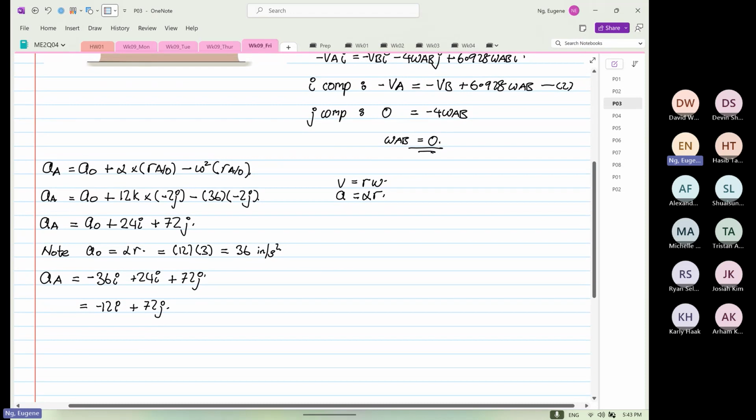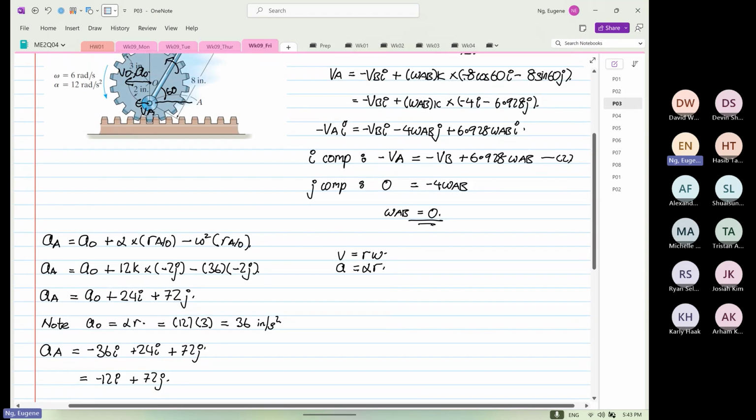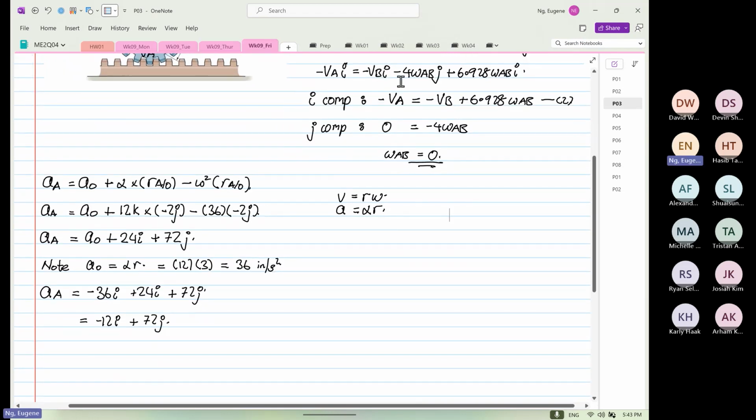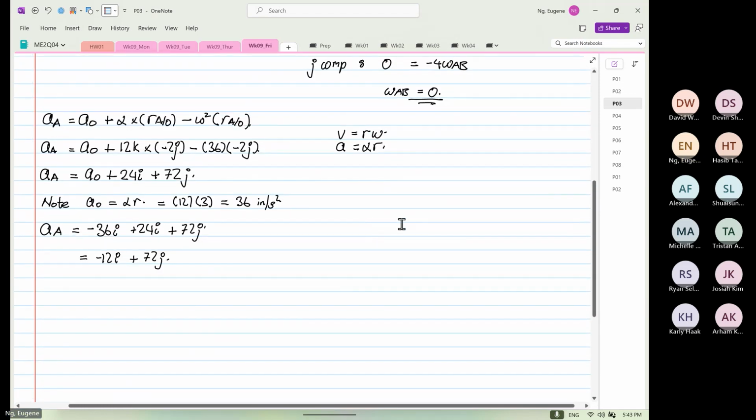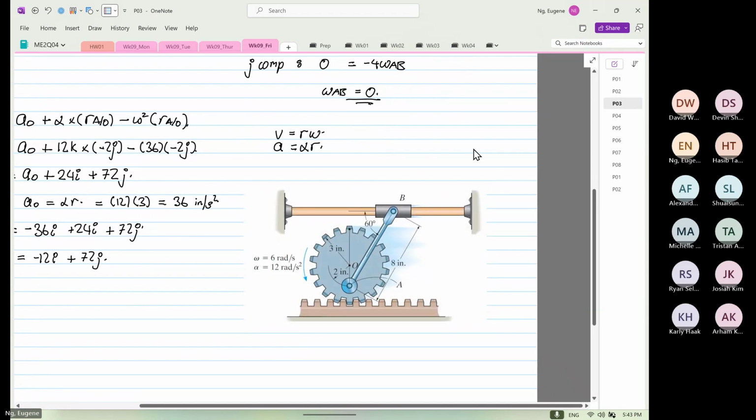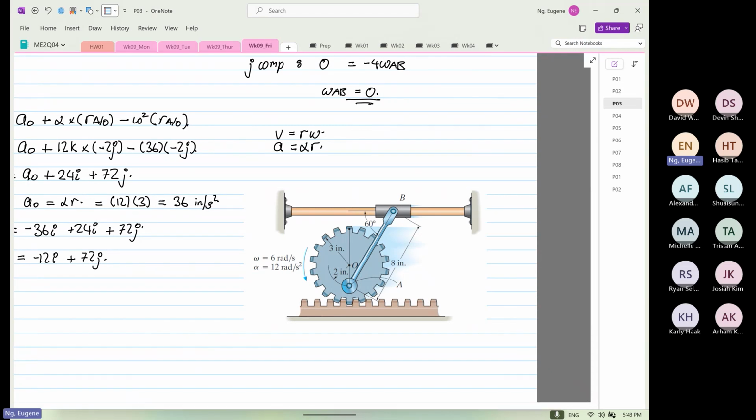So they want us to determine the magnitude. So what this means at point A, if I were to copy this diagram again, we are given that the acceleration is minus 12I.